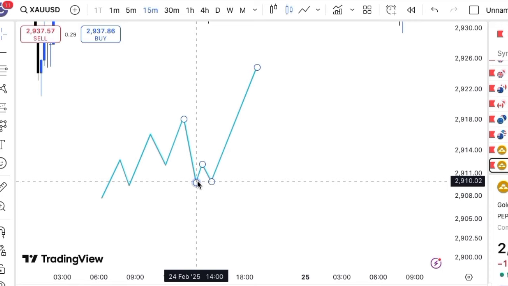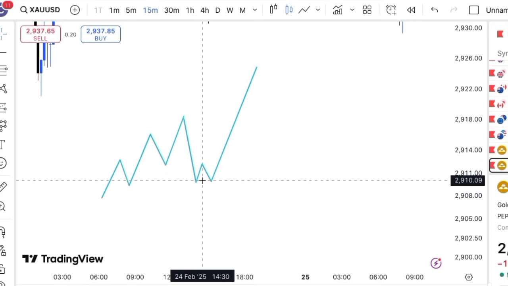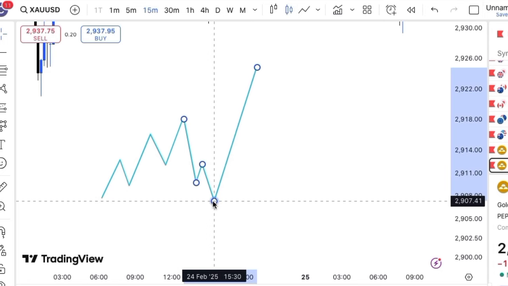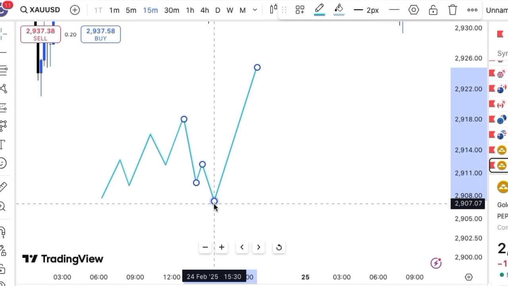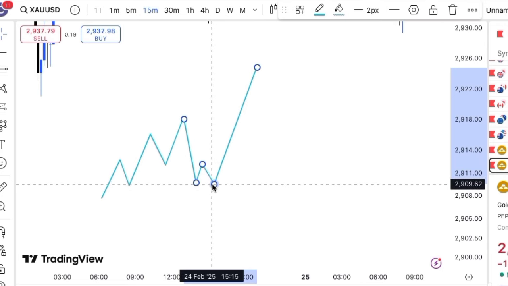So if the market has already pushed up like this, you wait here or you put a buy limit here, and then it taps you in. Because at times market doesn't just come here and stop. At times it can push down like this, and then melt back like this before it will now start buying.